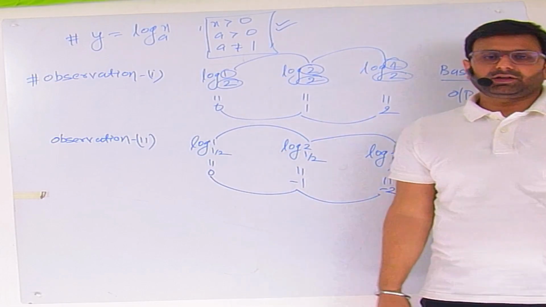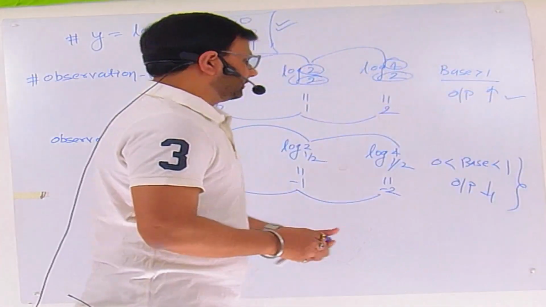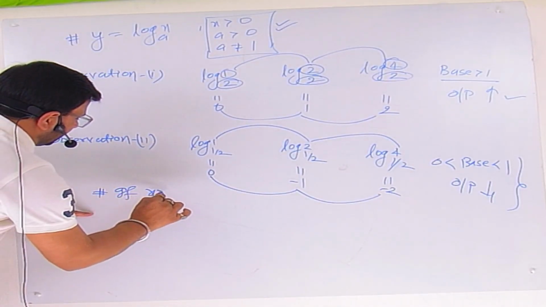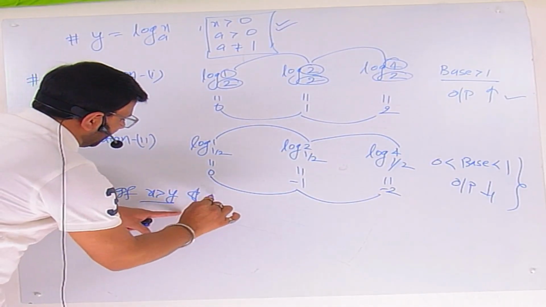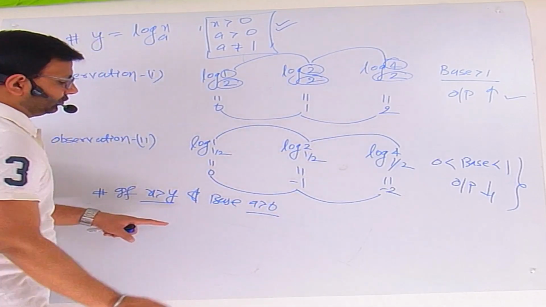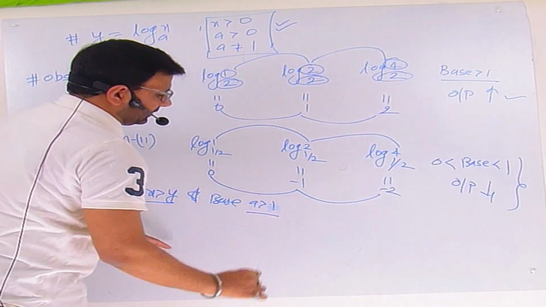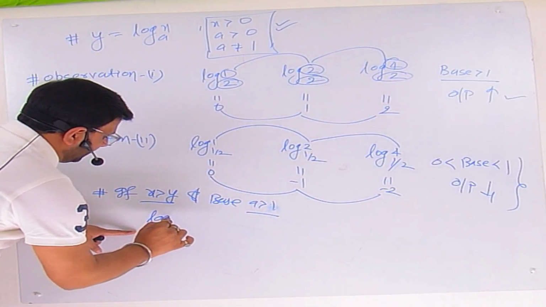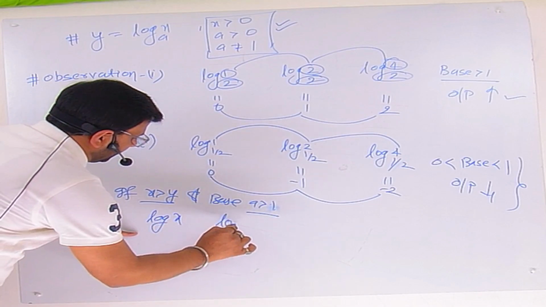Next I am writing one small conclusion. Now tell me, if I write x greater than y and base a greater than 1, what will be the sign of the inequality here?